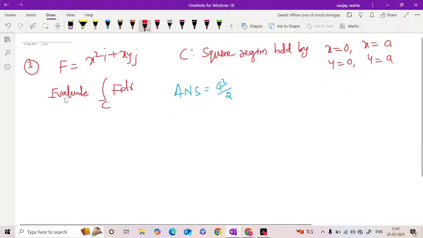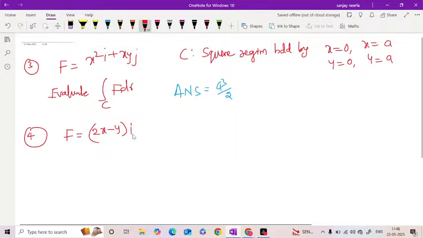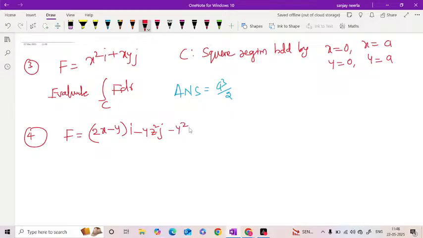Okay, so now the fourth problem. f is equal to 2x minus y into i minus yz square j minus y square z k, and C is the curve of the upper surface of x square plus y square plus z square is equal to 1.